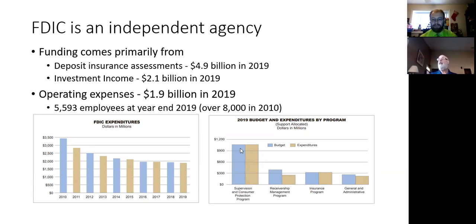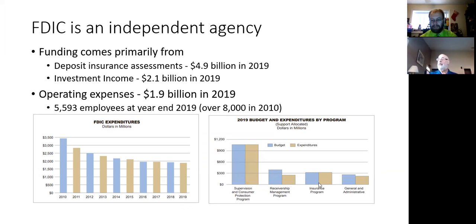And then I've also put on here a chart that shows where that budget goes. Most of the budget goes into the supervision program, which I was a part of when I worked for the FDIC. This is the division, the groups that examine banks. And then this is the receivership management, the group that manages failed banks.